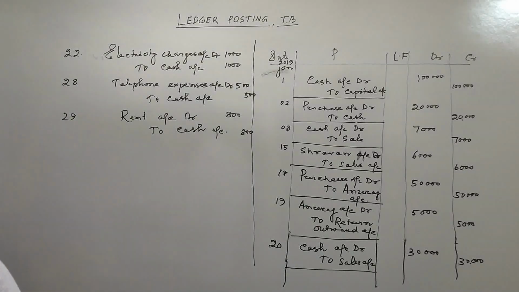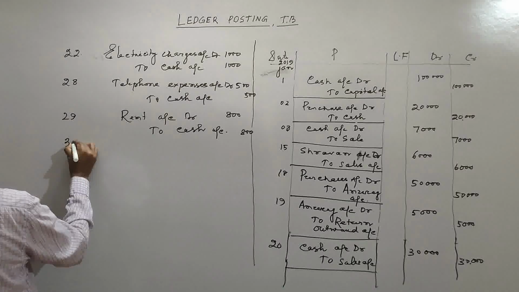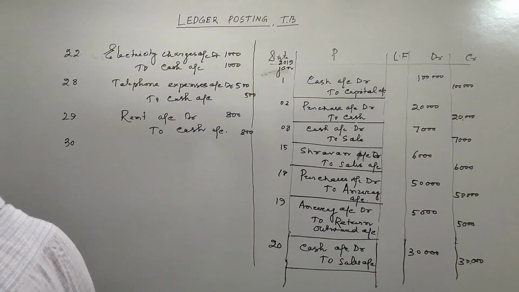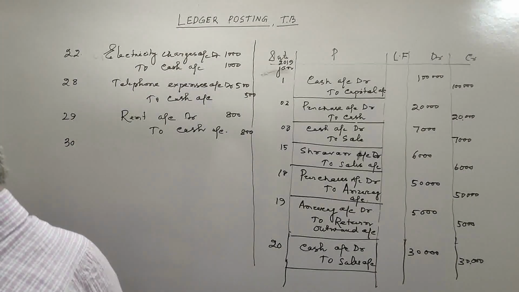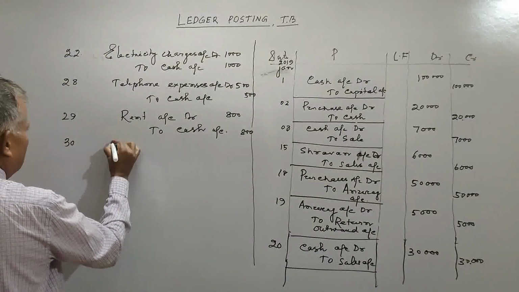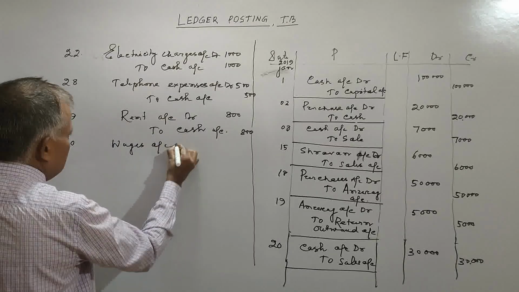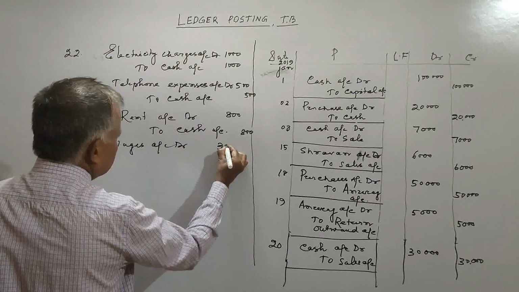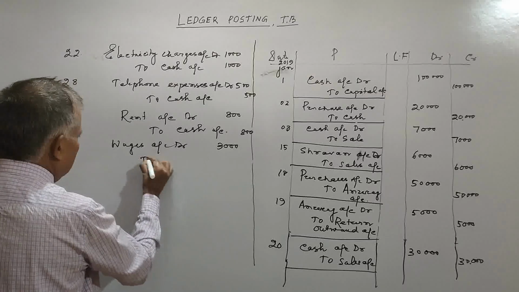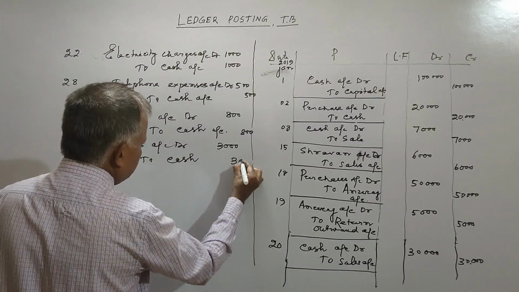After 29 it comes to 30. In 30 it is paid wages 3,000. So wages is an expenditure, wages account debit 3,000 to cash, again 3,000.